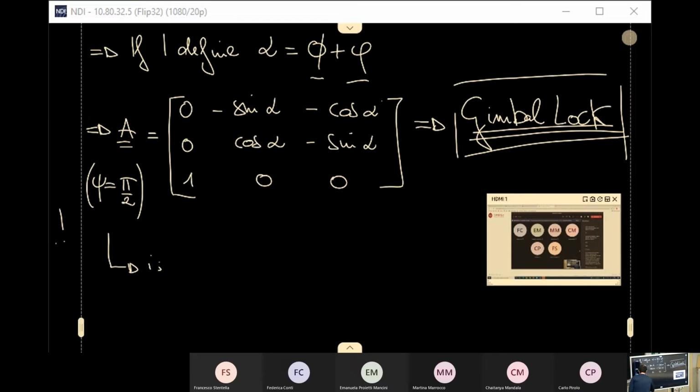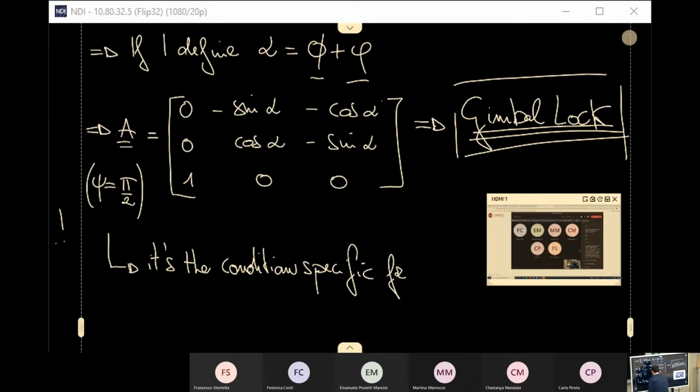It's the condition specific for the sequence 1, 2, 3. For the other one that we defined, the sequence 3, 1, 3, I think it's 0.